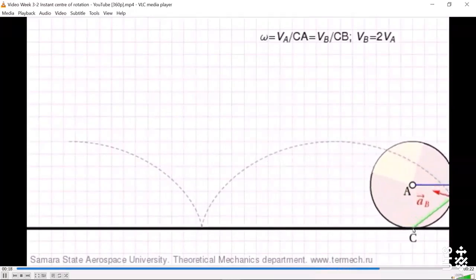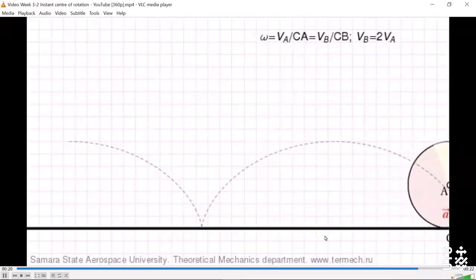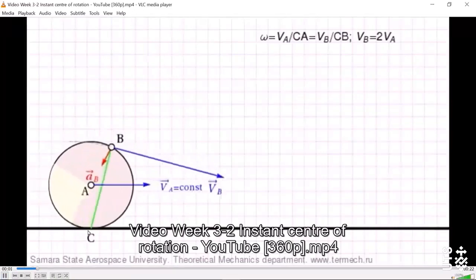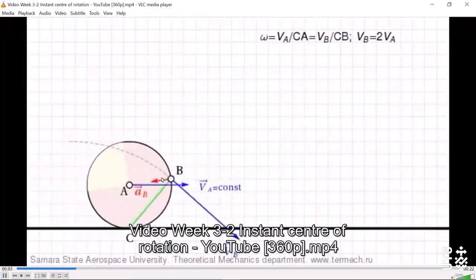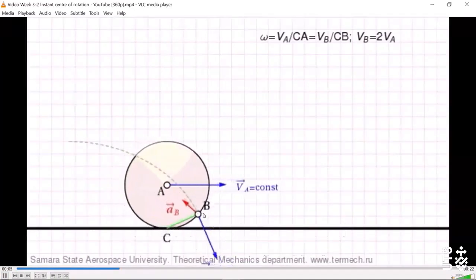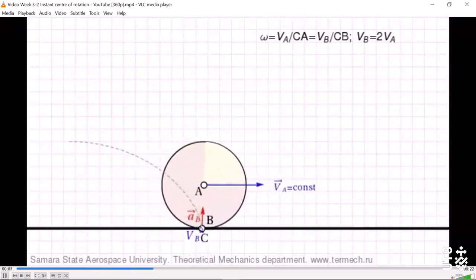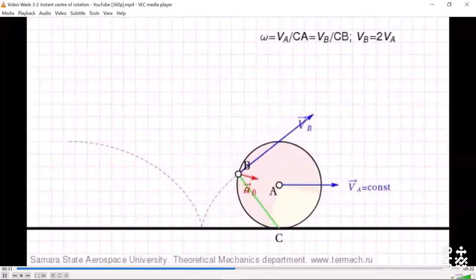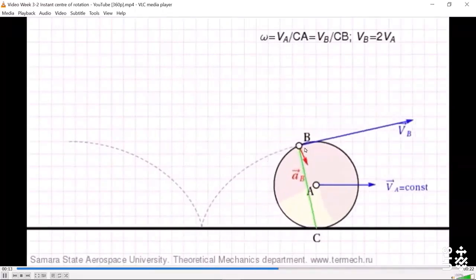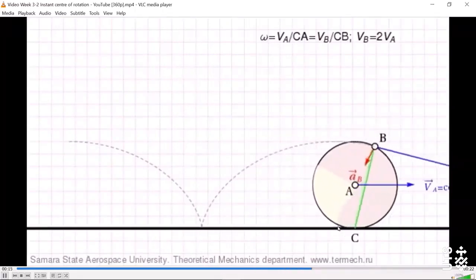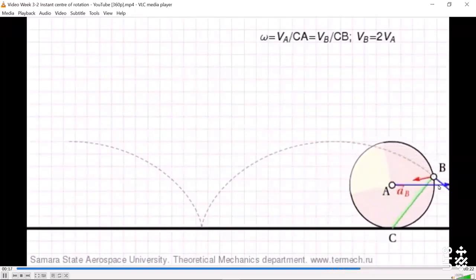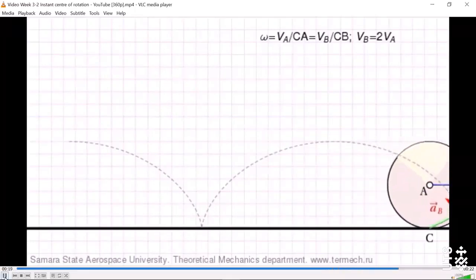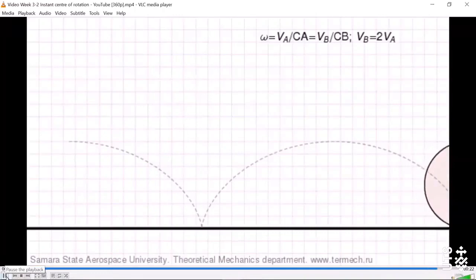Then, if you know C is the IC point, to determine the velocity at a point, for example, point B, you just connect B and C, then the direction of VB can be easily determined.